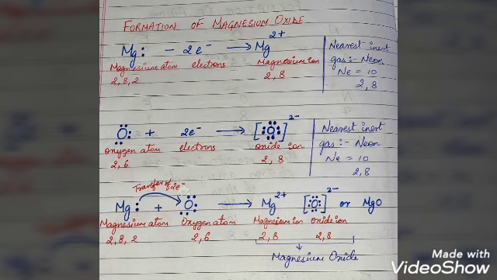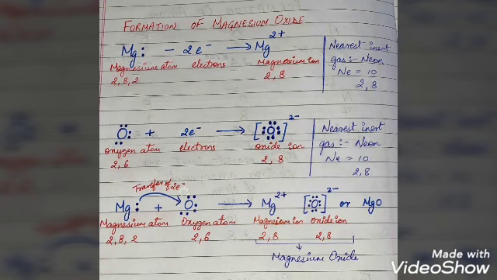So, when magnesium reacts with oxygen, the magnesium atom transfers its 2 outermost electrons to the oxygen atom. By losing 2 electrons, the magnesium atom forms magnesium ion Mg2+, and by gaining 2 electrons, the oxygen atom forms an oxide ion O2-.